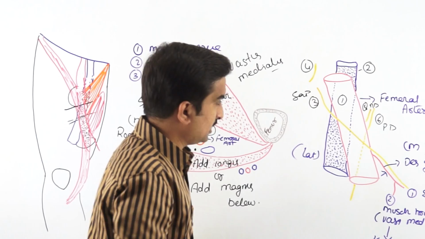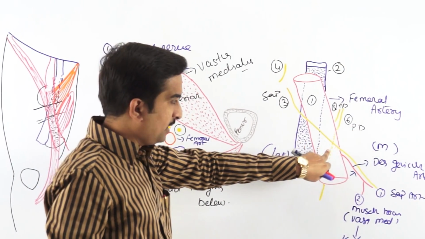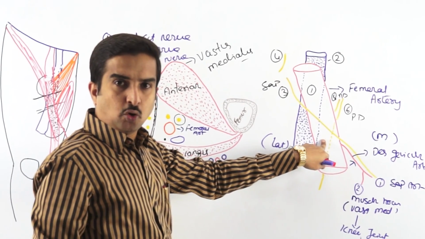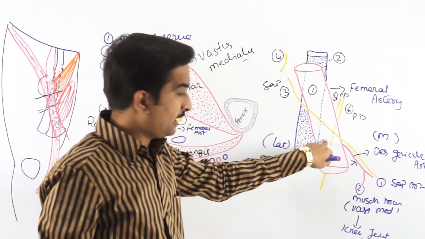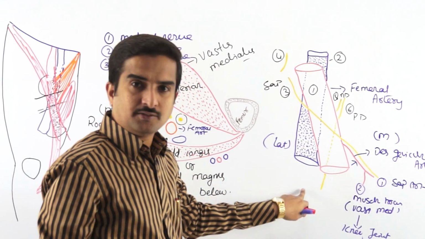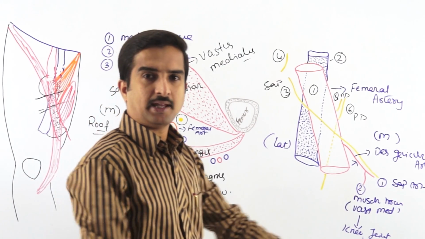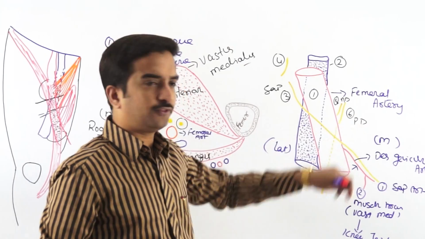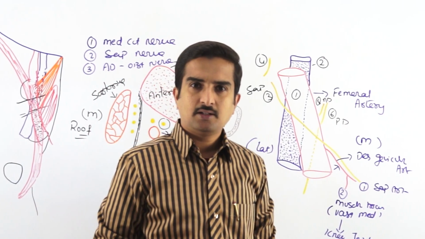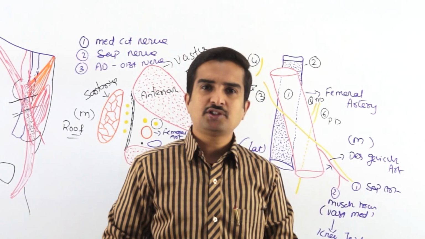That is the reason we can say that the posterior division of the obturator nerve runs behind the femoral artery over the anterior surface of the adductor magnus, and finally it terminates by supplying the knee joint here. Okay. So what is the fifth one? Fifth one is the anterior division of the obturator nerve, and the sixth one is the posterior division of the obturator nerve.